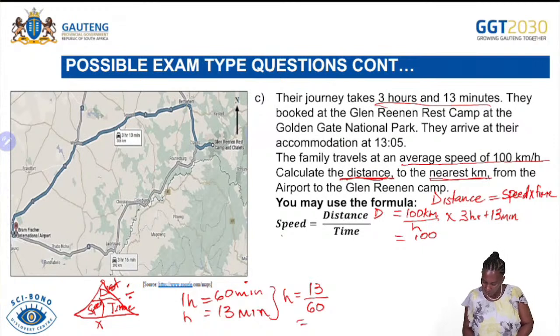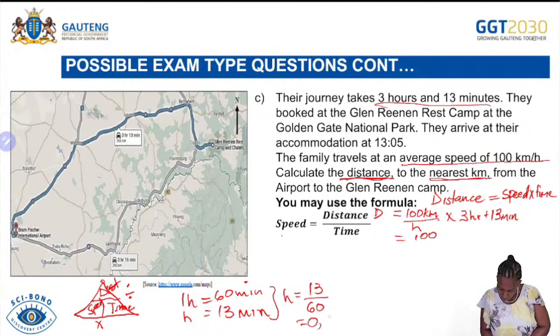I hope you have your calculators with you. You are able to calculate 13 divided by 60. It is 0.2166666, and then we round it off to two decimal places. It will be 0.22.